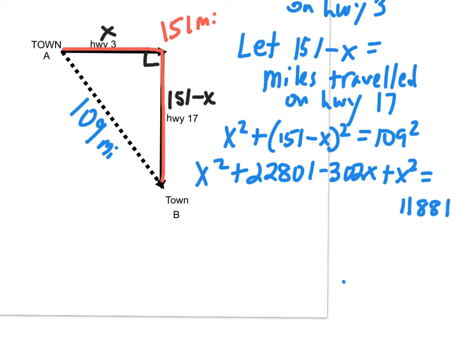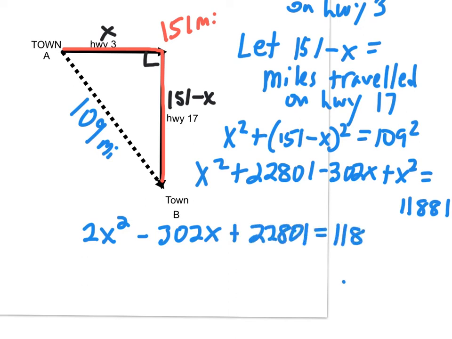So let me put my like terms together. So I have 2x squared minus 302x plus 22801 equals 11881. Now I'm going to subtract 11881 from both sides.